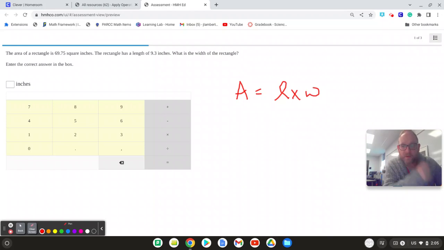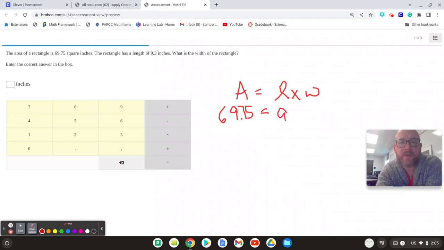All right. Hopefully you didn't wreck yourself. Let's check yourself. So my area I know is 69.75 inches. So I'm going to go ahead and write that in for where my A is. And then that equals, my length is 9.3, times some width that I don't know.